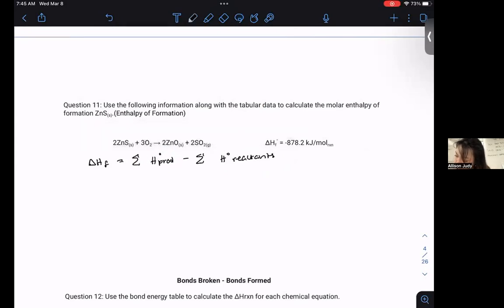is equal to the enthalpy of the overall reaction itself, the enthalpy of formation.